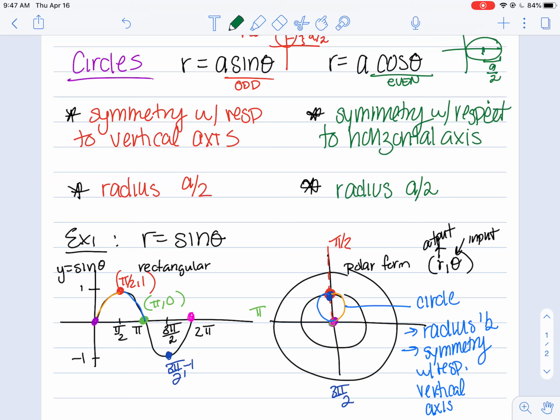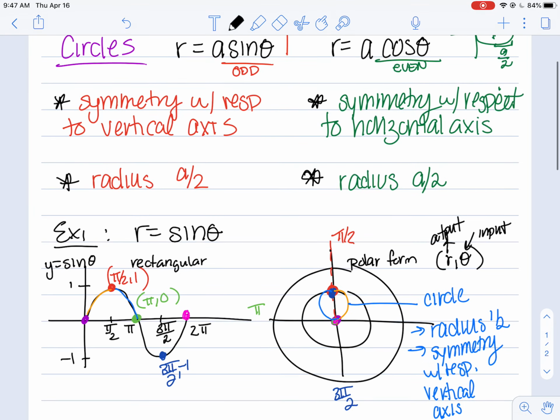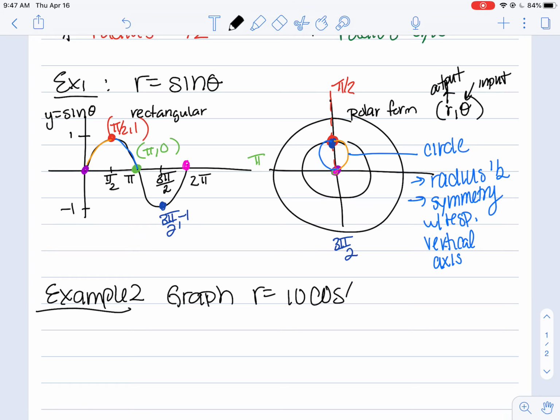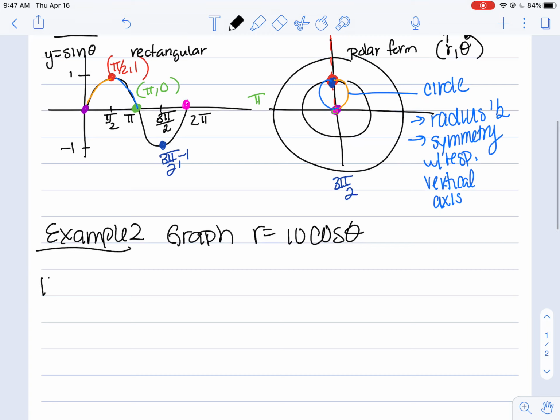Okay, so let's try an example. Example 2. Let's graph r equals 10 cosine theta. What I would do is start with a helper graph. My max is 10, my minimum is -10, from 0 to 2 pi.